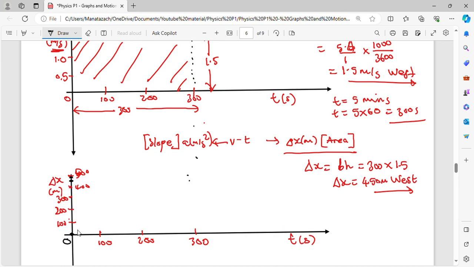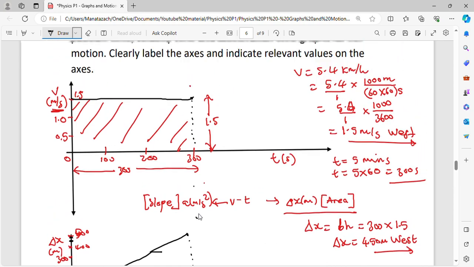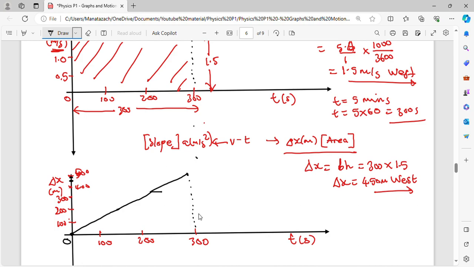So it will look something like that, a straight line going until 450. Then you can just project that to 300 seconds. So that will be our position time graph.